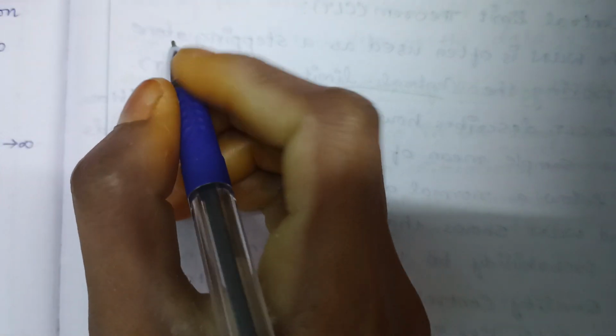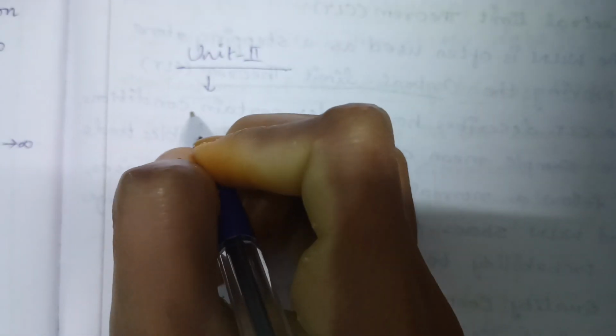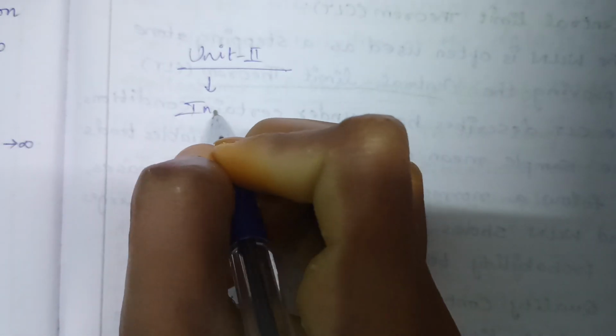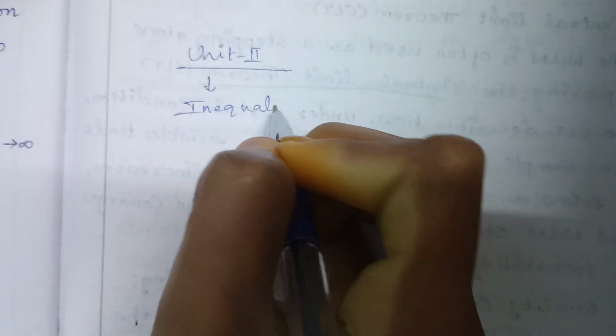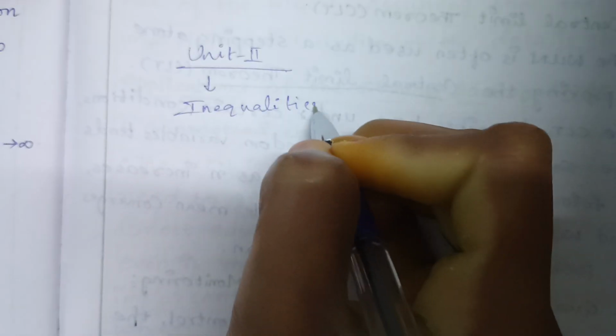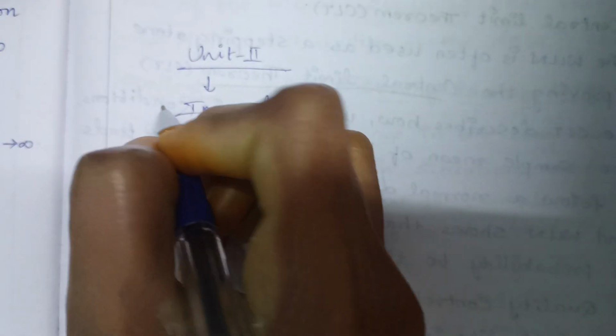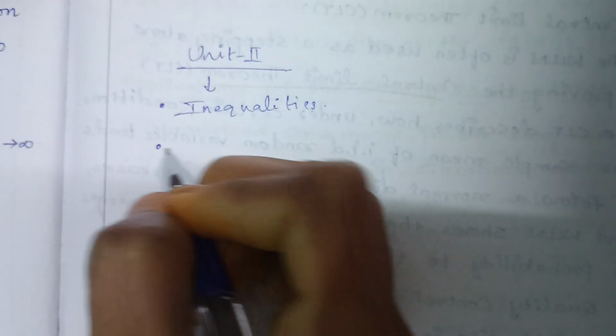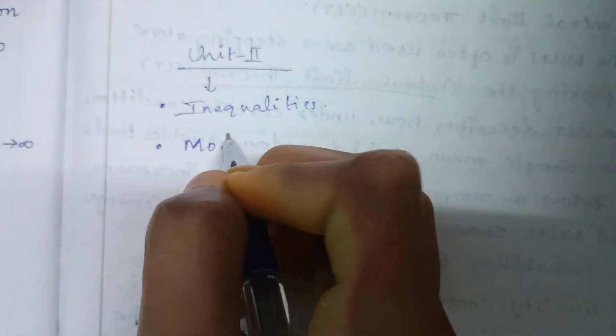So if we wrap up Unit 2 and Unit 3: in Unit 2 we have only 2 topics. The first one is inequalities. This is the first topic. And the next one is the modes of convergence.